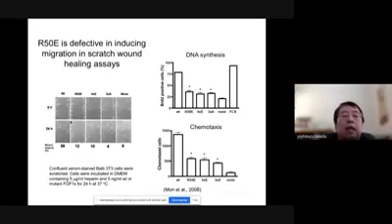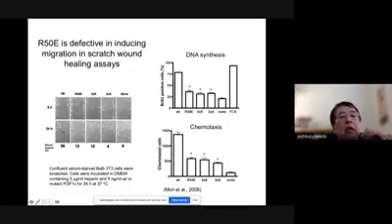And then shown here, this is cell migration. This mutant is very defective in the wound healing assay, the cell migration assay. So we put the cells on the tissue culture plate and then removed cells using pipette tips. Then this wound, with cells removed, is supposed to be healed.